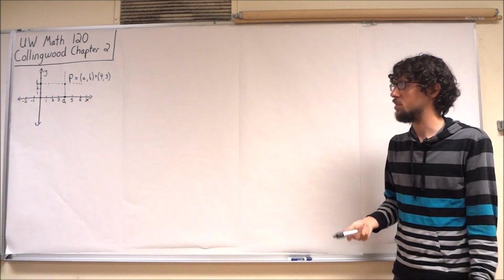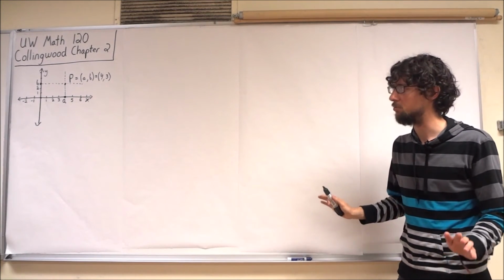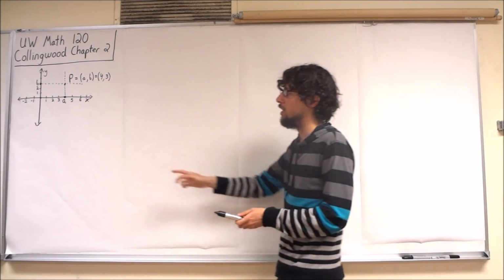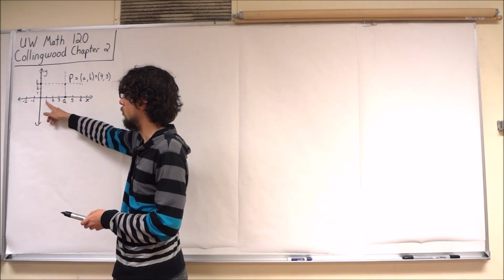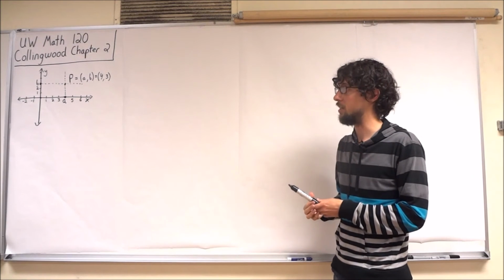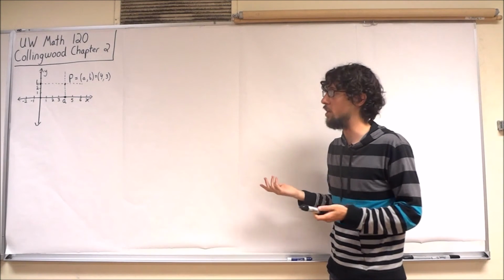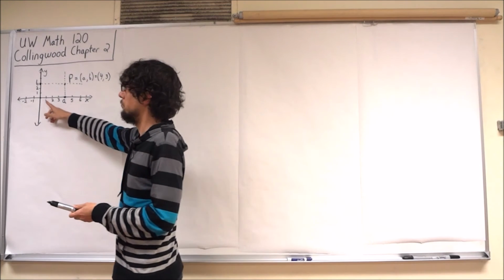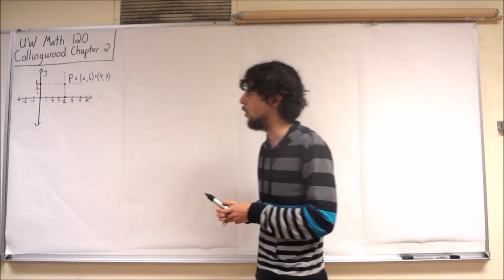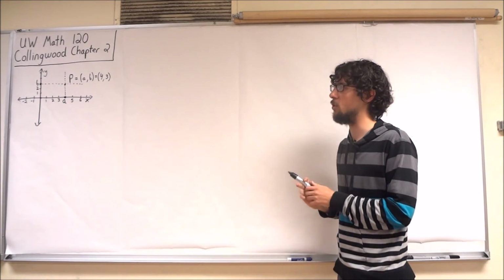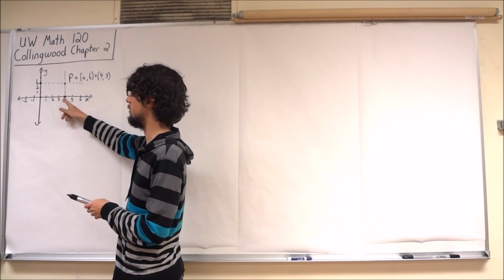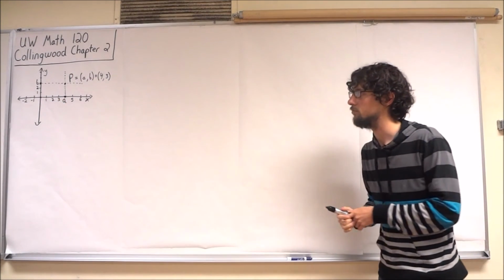Or we could make some more radical changes, which in this video we won't consider, but I'll just mention them here. We could try, instead of having our x-axis scale 1, 2, 3, 4, 5, 6, maybe we could try having our x-axis scale a little bit more strangely, say 1, 10, 100, 1,000, 10,000.